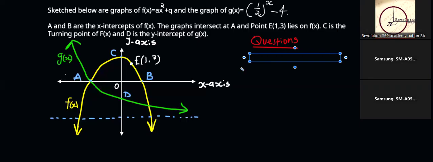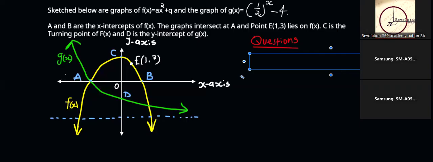Then as we go to number 2, what do they want? Write down the range. So they want the range of g of x. Then as we go to number 3, what do they want?